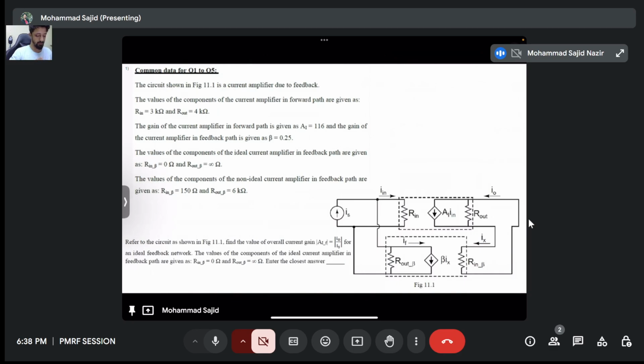Just look at this question and try once. In this question, we need the overall current gain, I naught by Is.